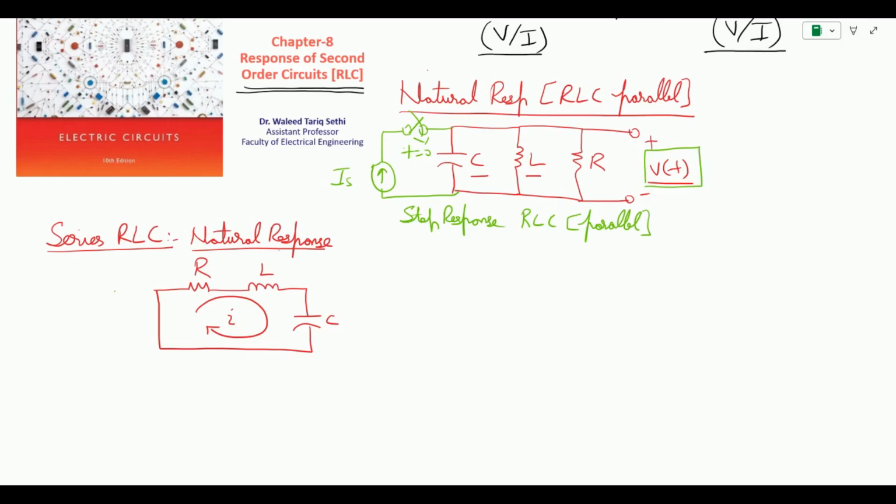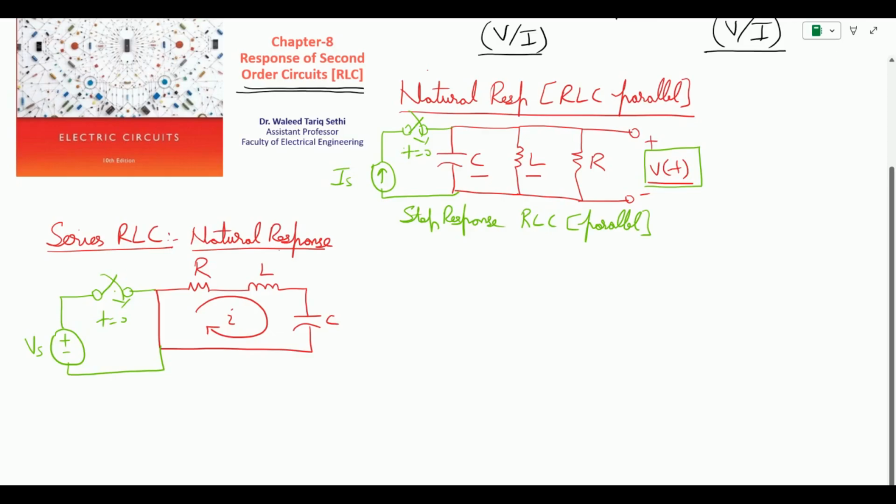And similarly, when we introduce to this circuit a source, in this scenario an independent voltage source, at time equals 0, the voltage source is going to provide energy in the flow of current to the RLC circuit connected in series.